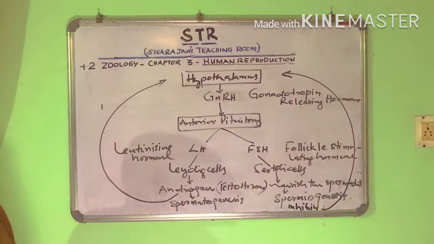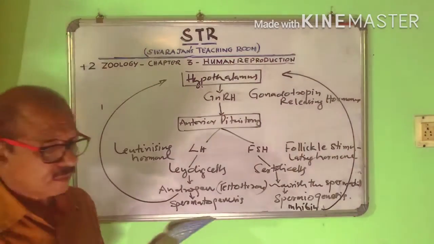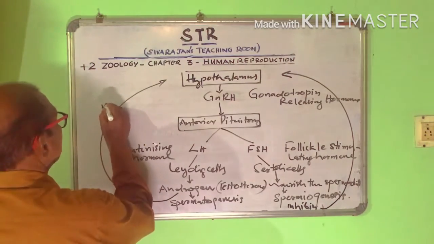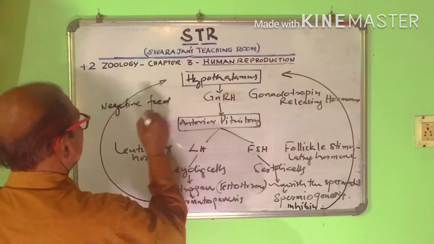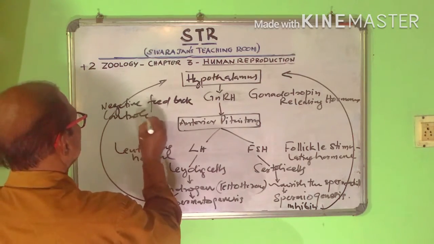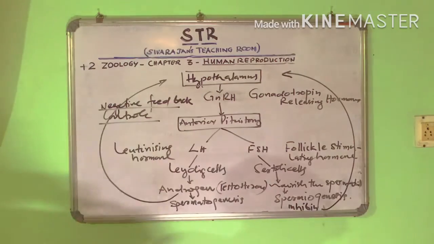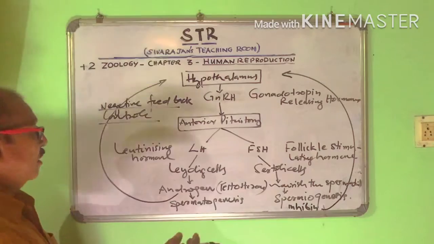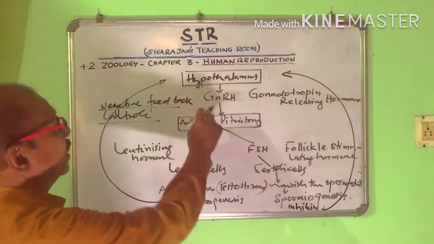So there is a feedback control. This is called negative feedback control. What is negative feedback control? When the presence of androgen or testosterone is high, it prevents the hypothalamus from releasing GnRH.